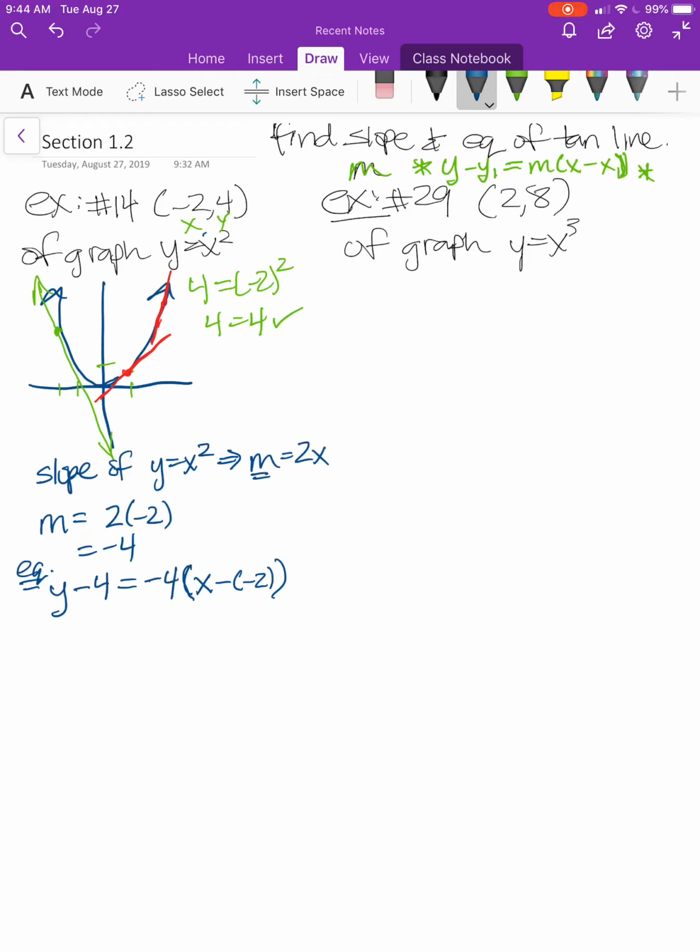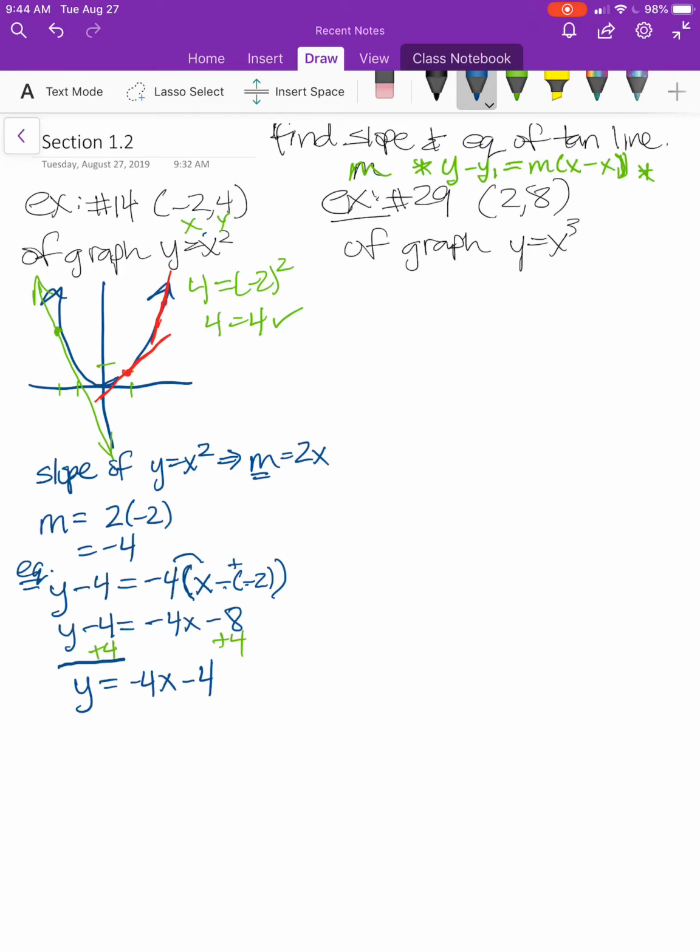Now typically our answers we want in the form y equals mx plus b, so we will distribute and finish simplifying this. Distribute negative 4. Negative negative becomes a plus. Negative 4 times a positive 2 is a negative 8. Once we add 4 on both sides of the equal sign, we end with y equals negative 4x minus 4.